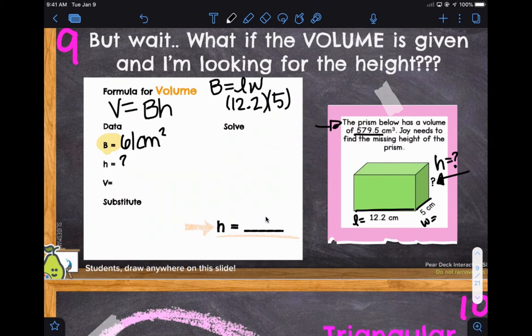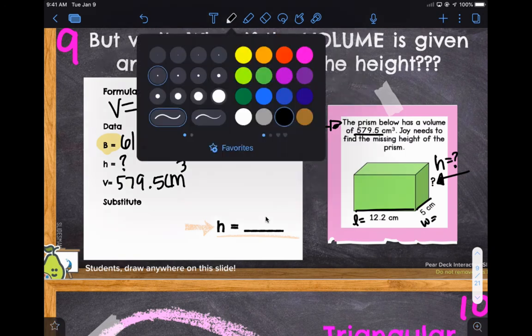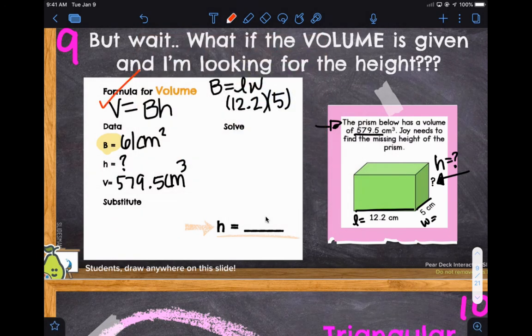The height is unknown, but we have the volume, which is 579.5 cubic centimeters. So if you think about it, from the formula, we have the volume, check. We have the big B, which is the area, check. We are missing the height.